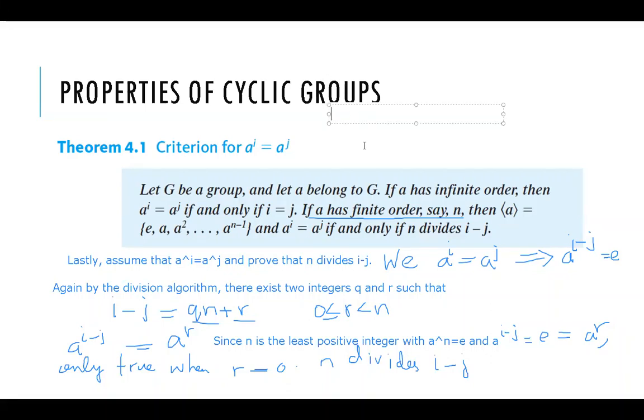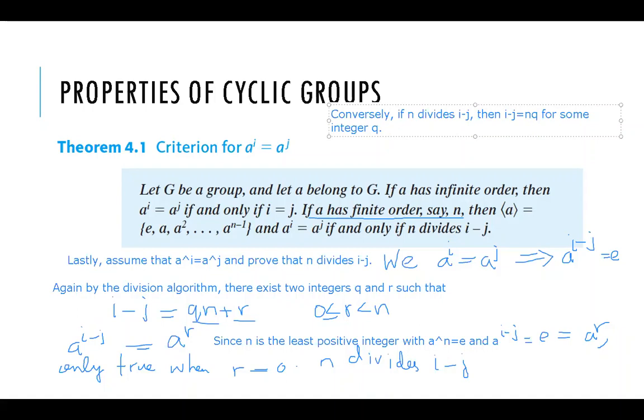Let me write it here. Conversely, if n divides i minus j, then i minus j equals nq for some integer q.